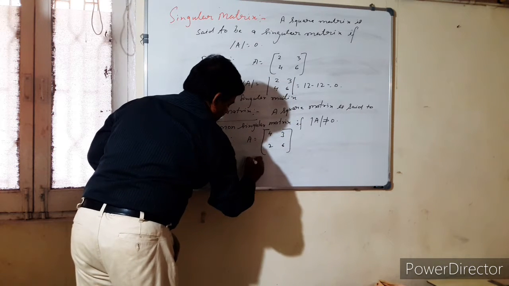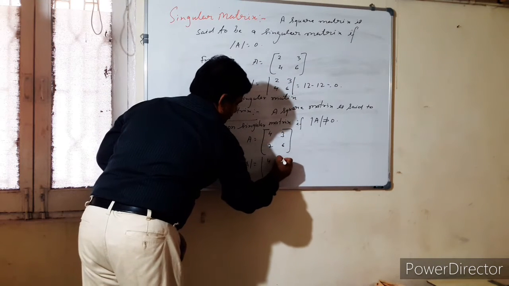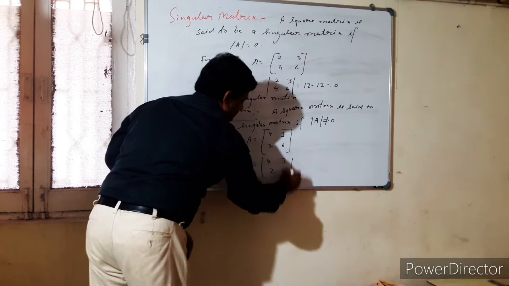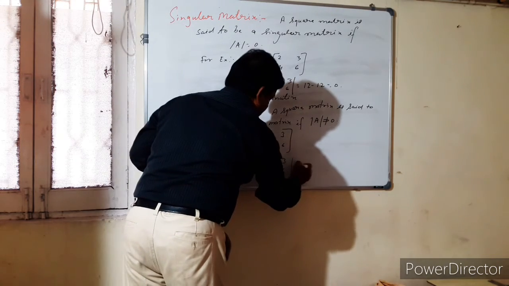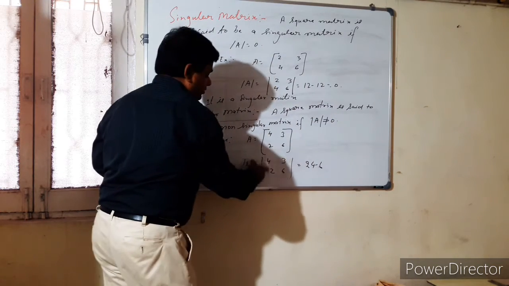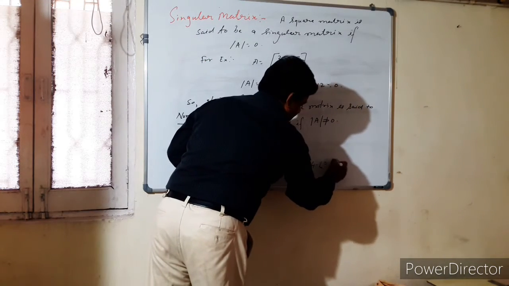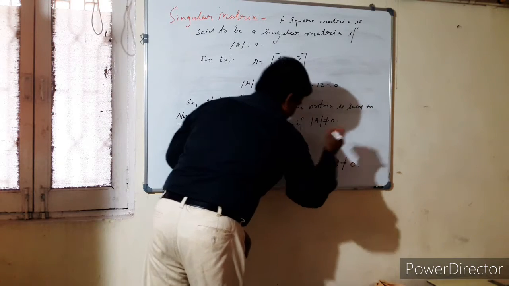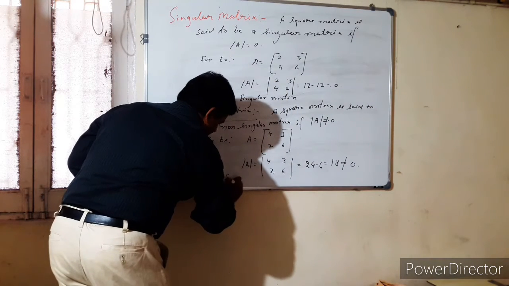Then determinant A is equal to 4 times 6 minus 2 times 3, so 24 minus 6 equal to 18, which is not equal to 0.